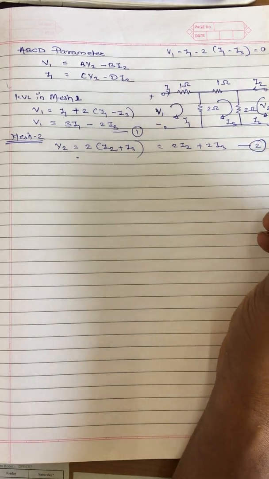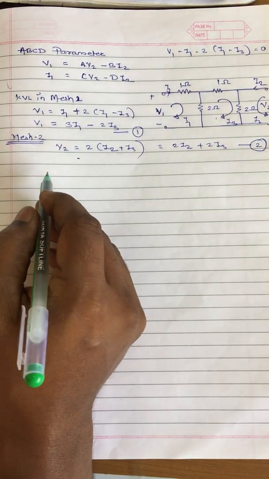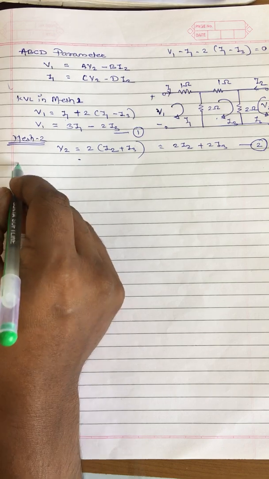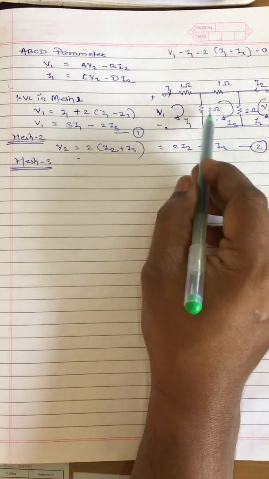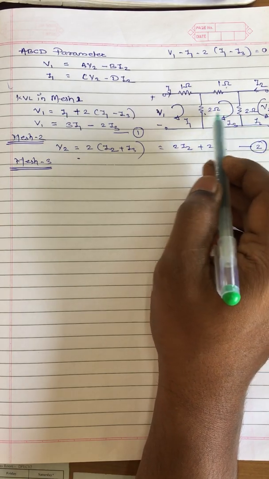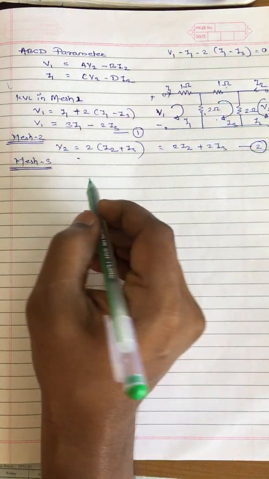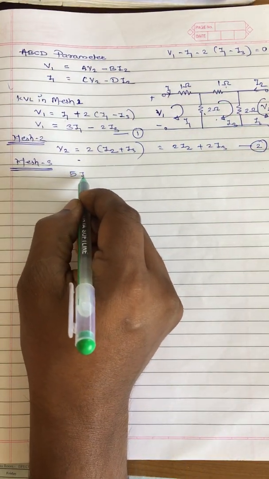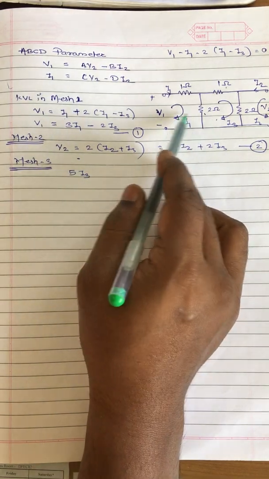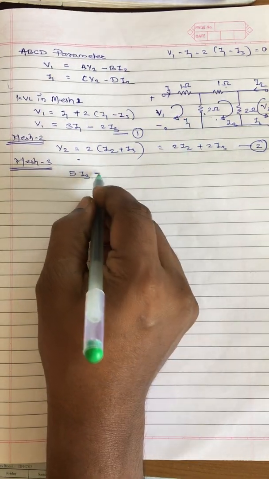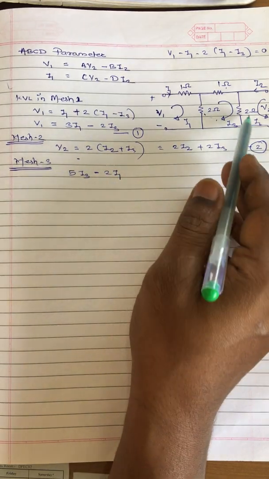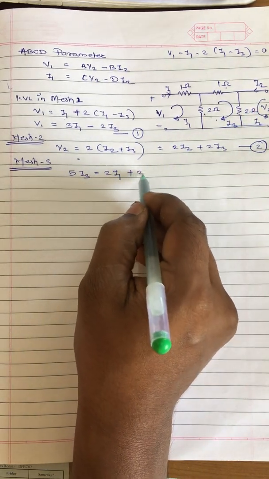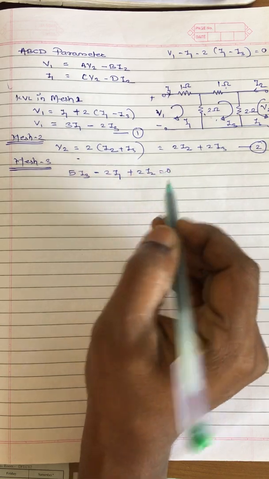Now let's apply KVL in the third loop, mesh 3. So 2 plus 1 plus 2, 2 plus 2 is 4, 5, so 5 I3. Here it is the opposite direction, so minus 2 I1. And this is in the same direction, so plus 2 I2 equal to 0.